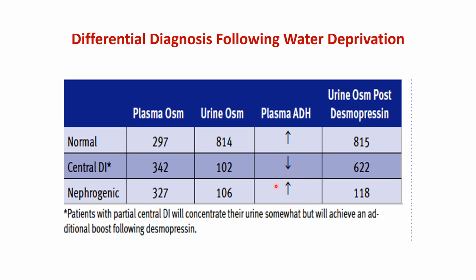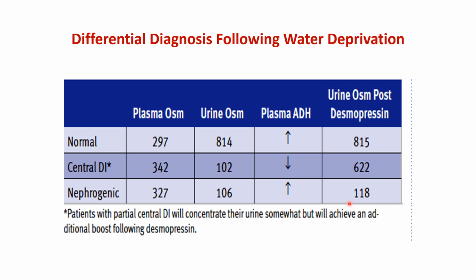So you expect these things. Now, under fluid restriction here, you give desmopressin, and after giving desmopressin, the patient is still excreting a large amount of urine, and the urine osmolarity after the administration of desmopressin is low.